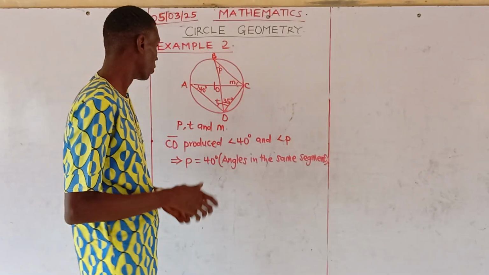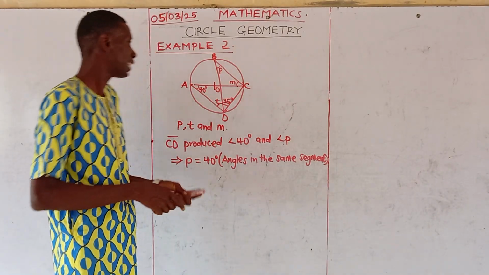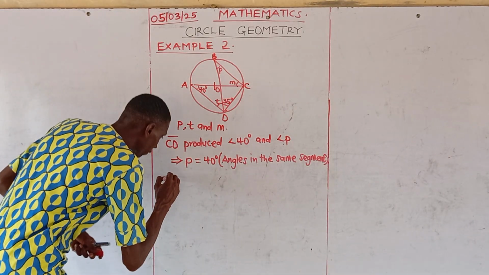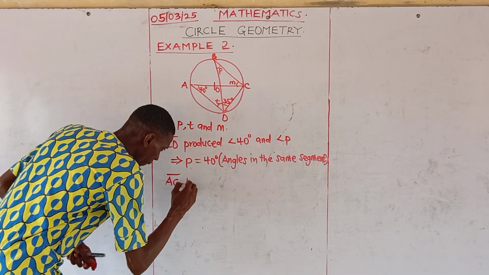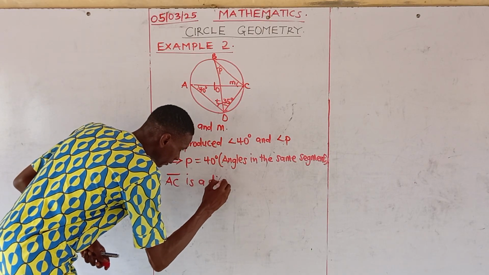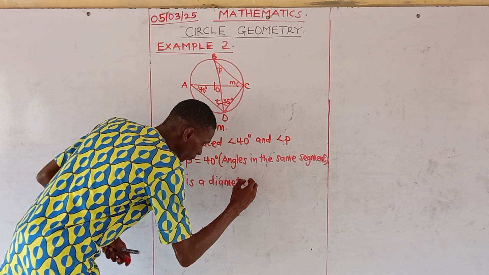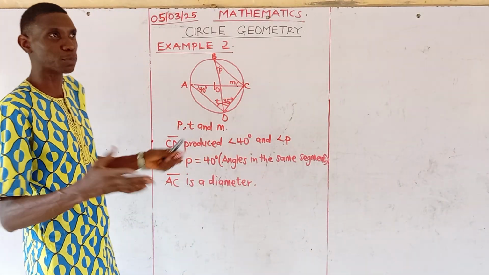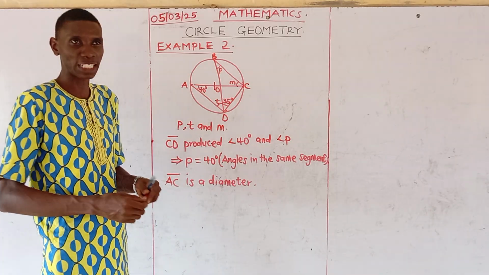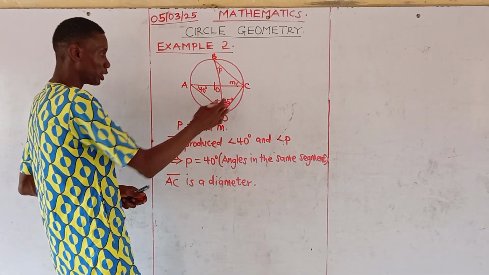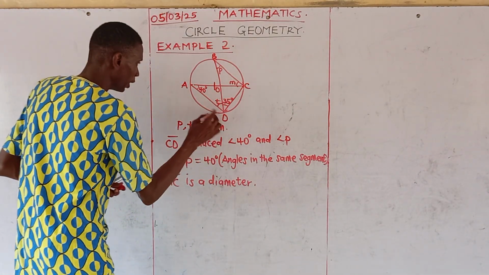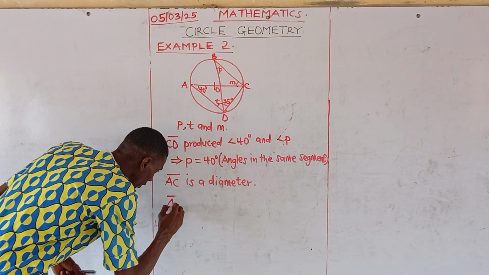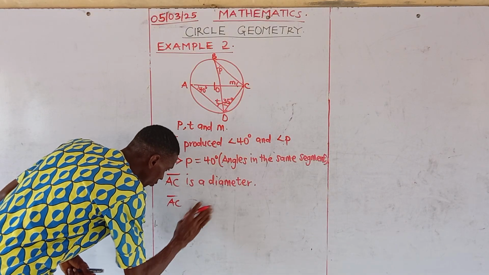The next one is T. Check your T out very well. Line AC is a diameter. Are you seeing it? This implies that line AC is producing an angle that is facing it. And what is that angle? Line AC is producing angle D. Check it out, angle D, this place.